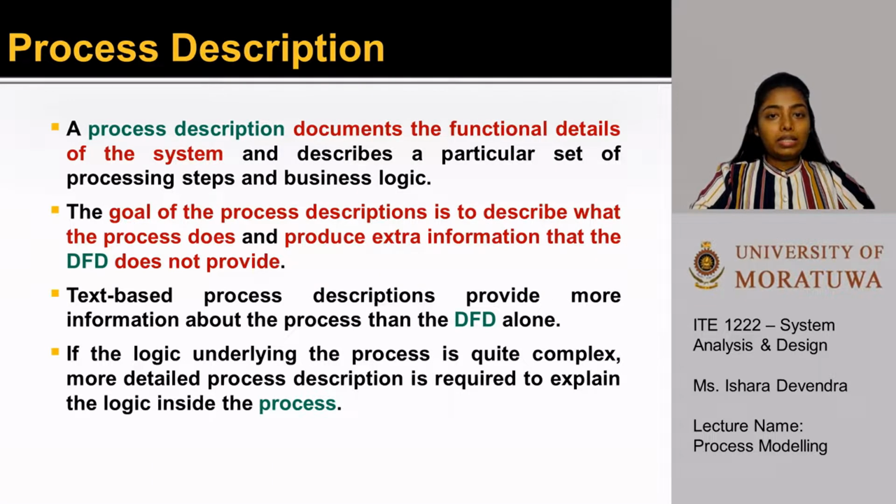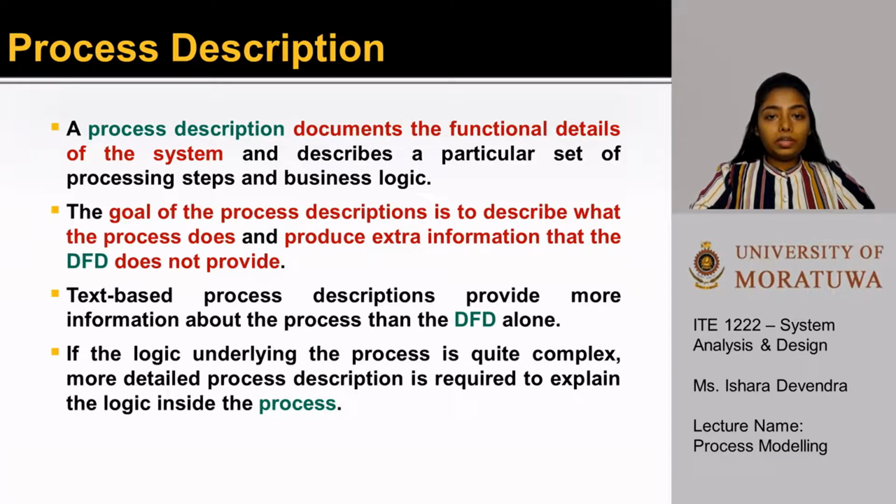In system analysis and design, there is another requirement to create a process description. So let's see what is a process description. A process description documents the functional details of the system and describes a particular set of processing steps and business logic.